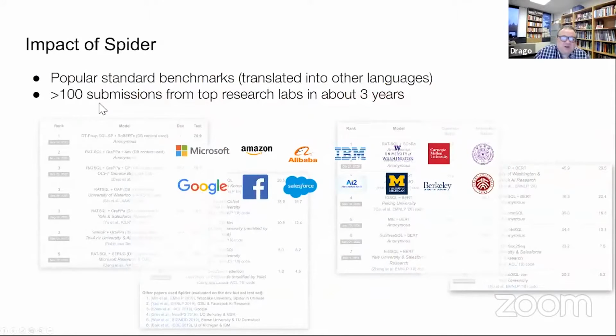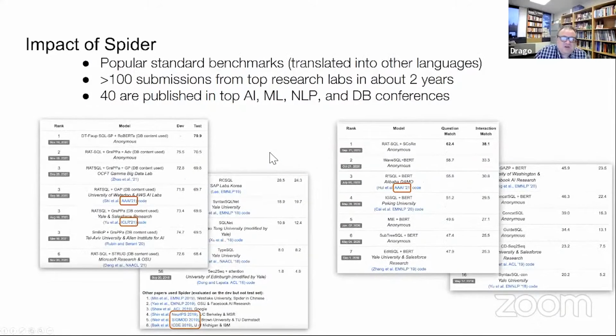We've had more than 100 submissions from top research labs, pretty much most of the main players in this field in the last 3 years. And then finally, it has also led to about 40 publications in the top AI, machine learning, NLP, and database conferences like ICLR, AAAI, VLDB, and so on.